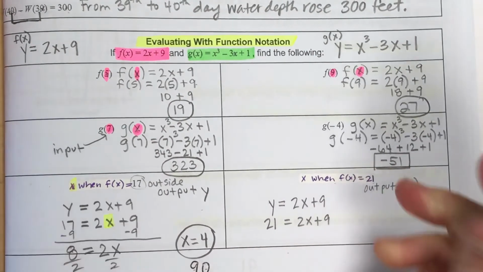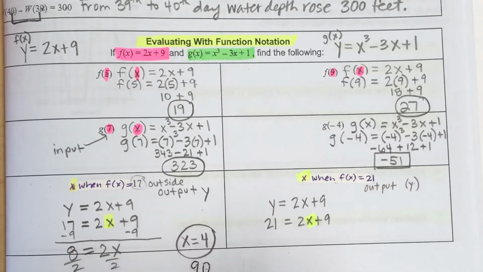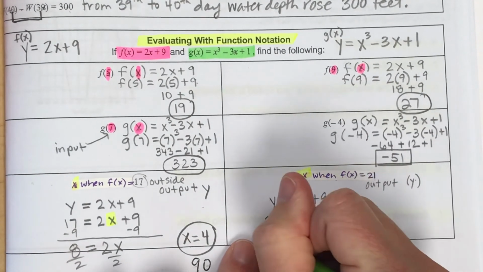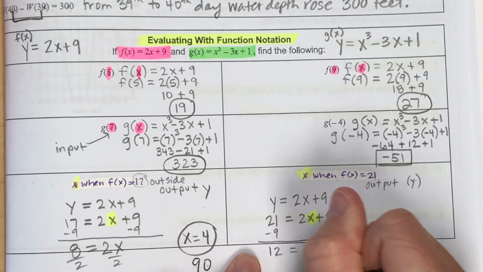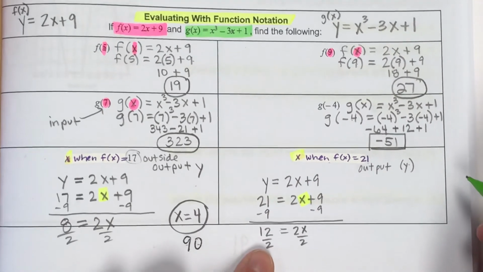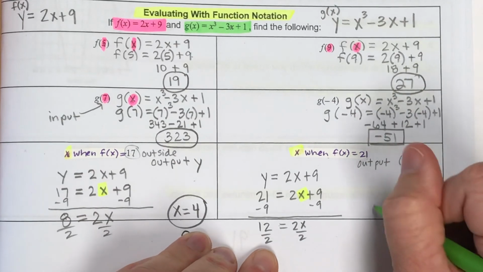And now I can solve for x, because my x is still in my function. So if my output was 21, I'll subtract 9 on both sides. And in this case, I'm going to get the number 12 is equal to 2x. And if I divide both sides by 2, 12 divided by 2 would give me a solution of 6.